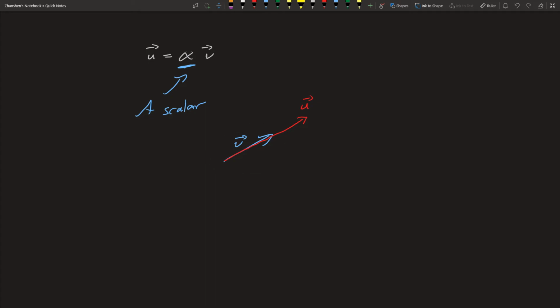Now, that is when it scales it up, when this alpha is greater than 1, right? Or else if it's less than 1, for example, 8 times 0.9 is something that is less than 8, right? For example, that's the length of v, maybe. But 8 times like 1.1 is something greater than 8. So it makes it, in the vector sense, longer, but in the number sense, it makes it bigger.